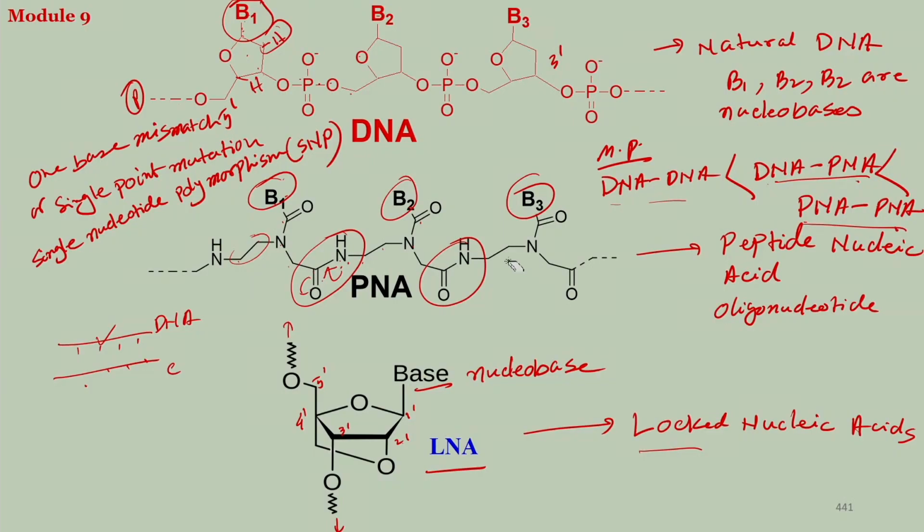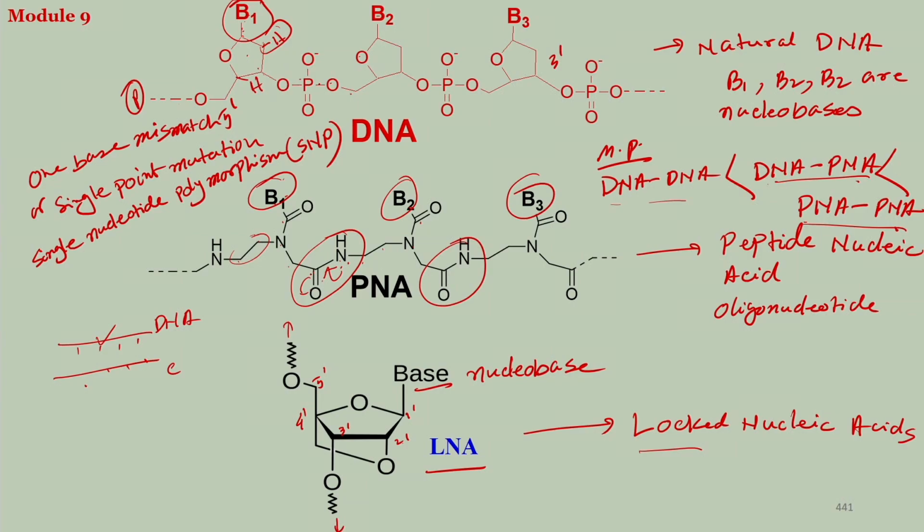PNA, on the other hand, has more of a peptide backbone, and cells are friendly to peptides. So, they allow the PNA to enter into the cell, and it does not have phosphate bonds, so it is not a substrate for the nuclease. Nuclease cannot break PNA, because nuclease usually breaks the phosphate and sugar bonds.